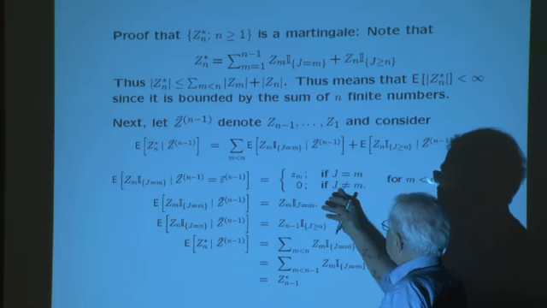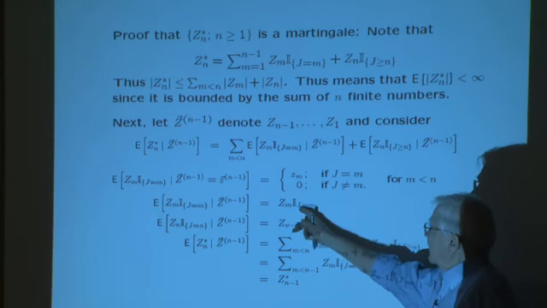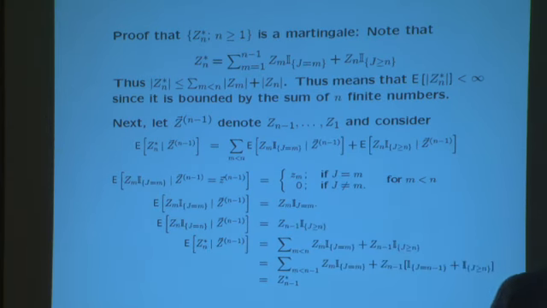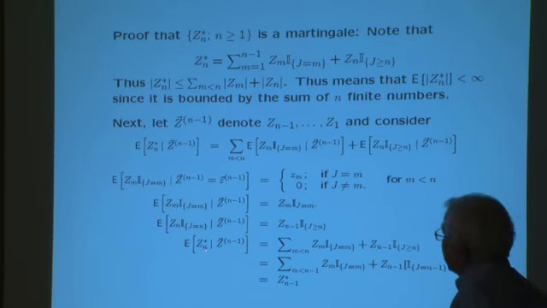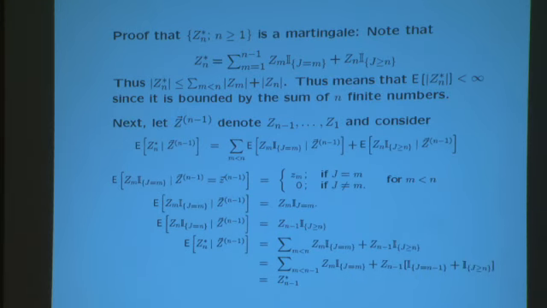That's equal to 0 if J is unequal to m, which in fact is just equal to z sub m times the indicator function of J equals m. Okay, and the same thing happens for the indicator function of J greater than or equal to n. This is z sub n minus 1. And we add these things up, and what we get, finally, is this sum here.